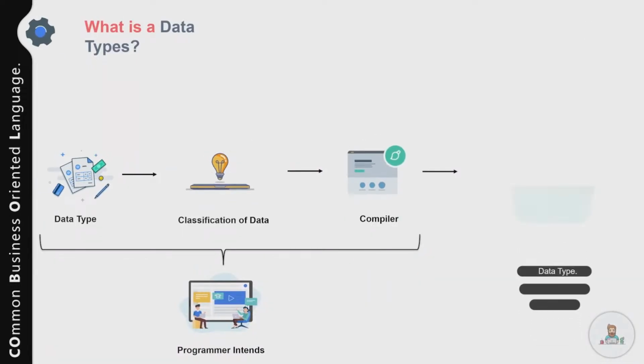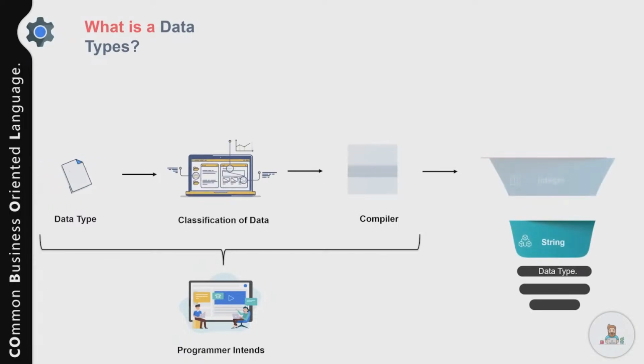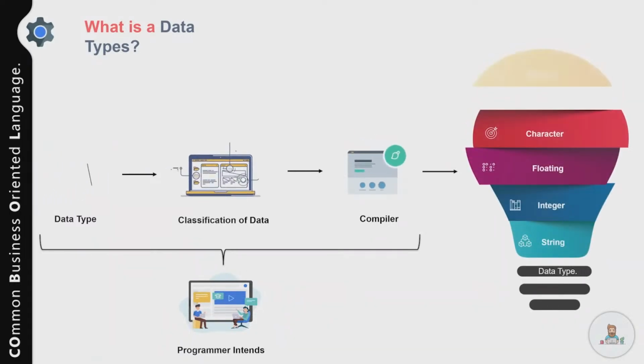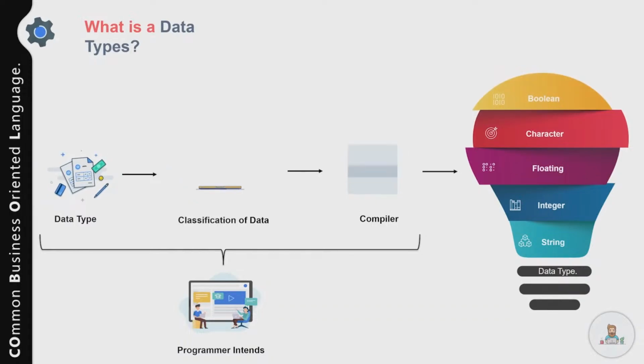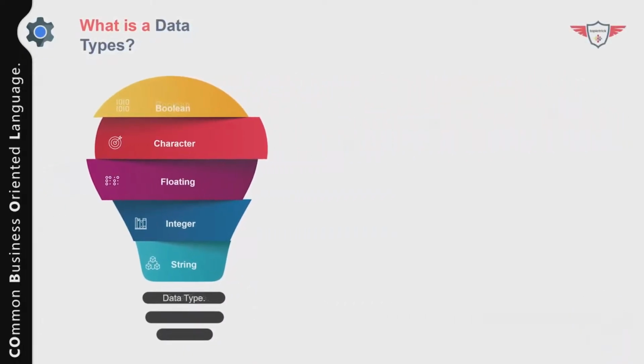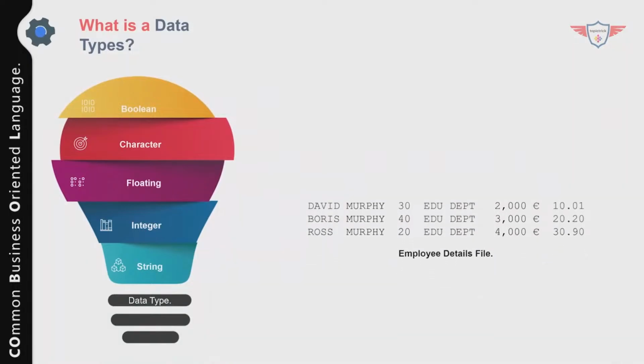Most programming languages support various types of data, including integer, character, string, floating, and boolean. We process this data in various ways, such as performing mathematical calculations or sorting it in a specific format. This data comes in different forms.